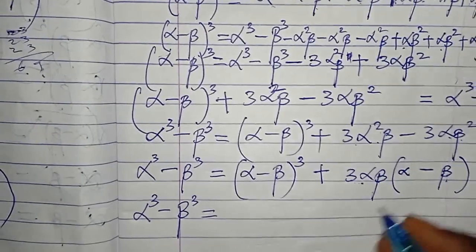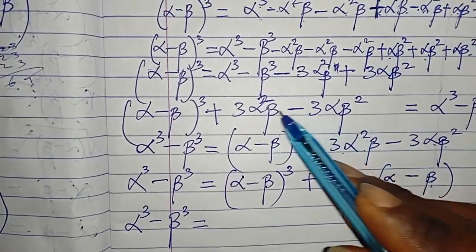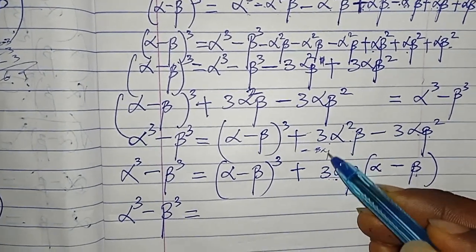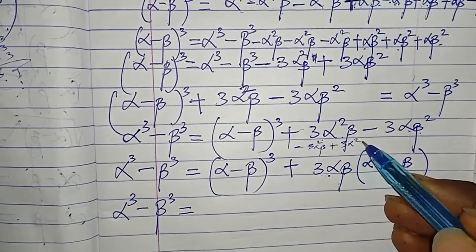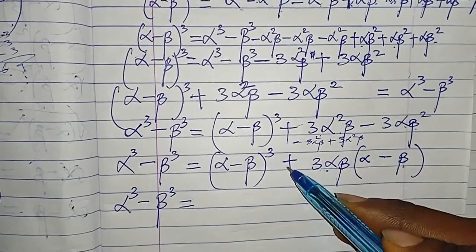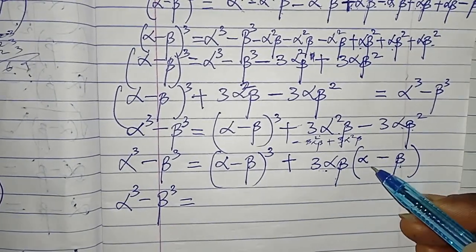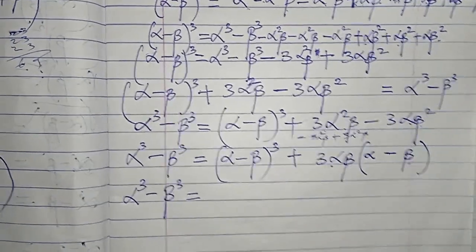So I could have as well put minus 3 alpha beta here, alpha square beta, plus 3 alpha square beta, and factor that. I have minus, then plus, okay, it will still be minus, so it's still the same thing.